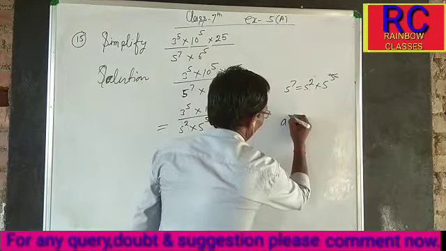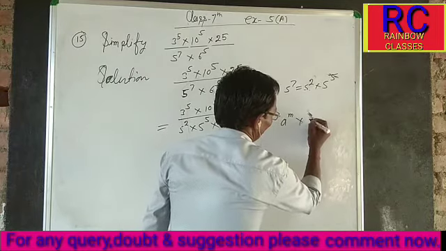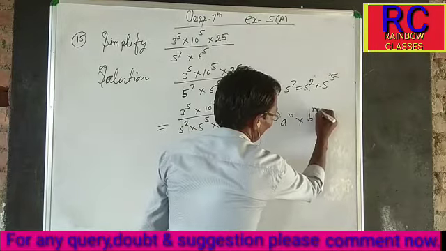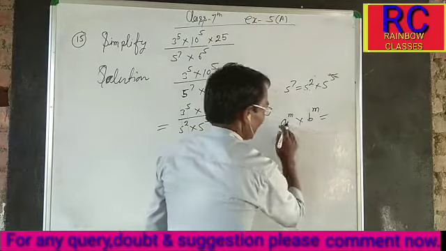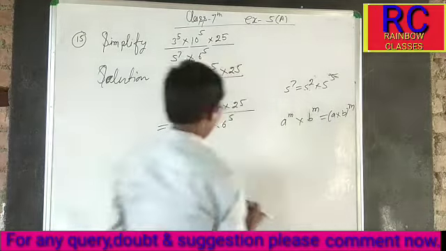We have a to the power m into b to the power m is a into b to the power m.